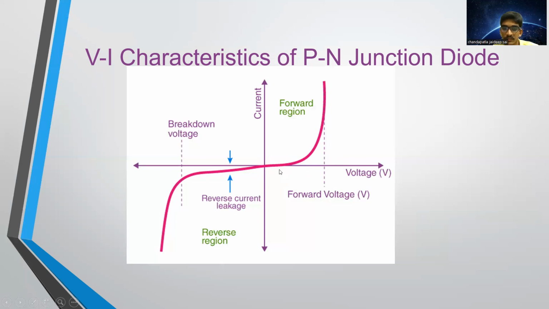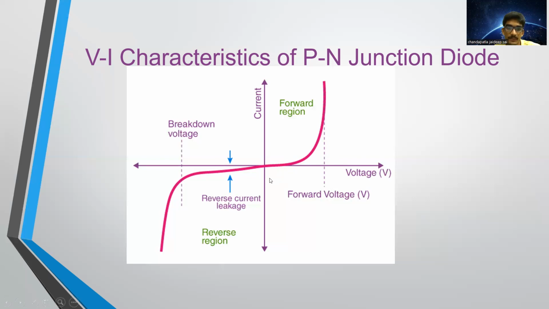At the starting, if we increase the voltage, there is no change in the current, but at a certain voltage the current has increased exponentially. So this point is called the threshold voltage at which the current starts increasing exponentially.